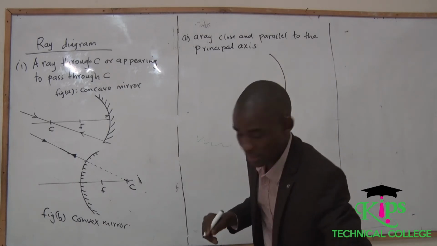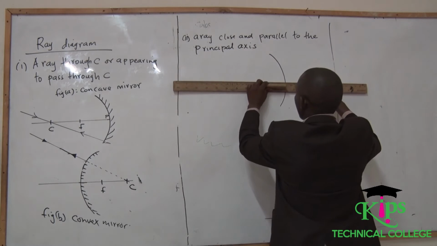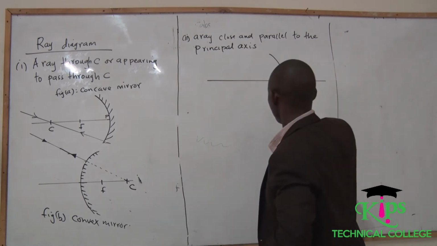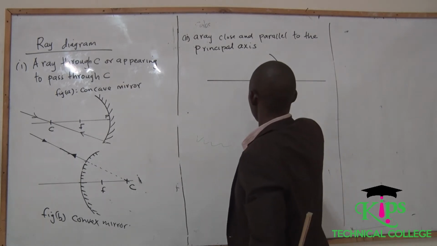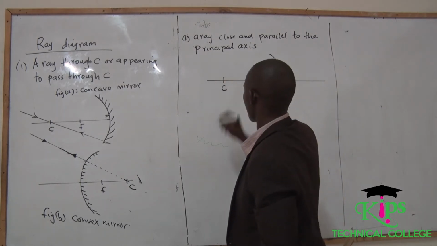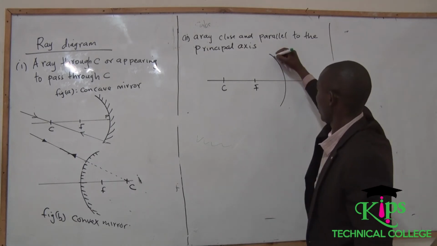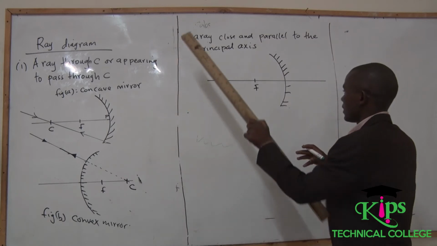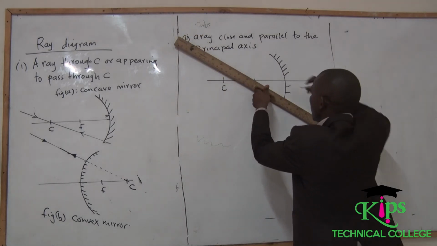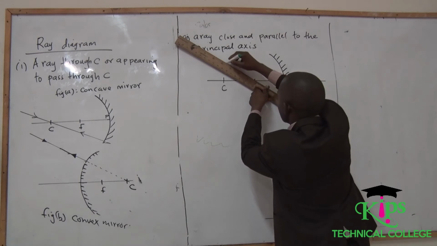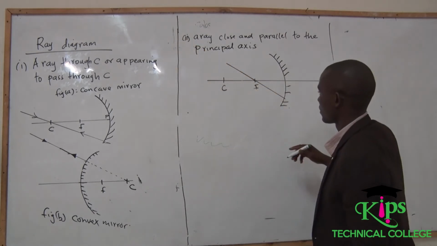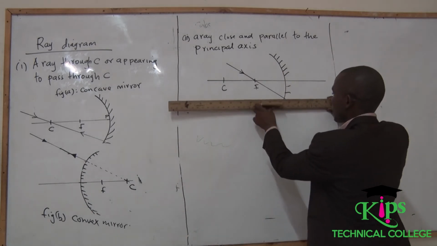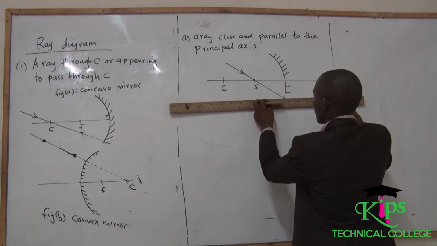If this is F, and this is the center of curvature, and remember this is our concave mirror, if a ray is coming through the focal point, it will be reflected back in this direction, parallel.